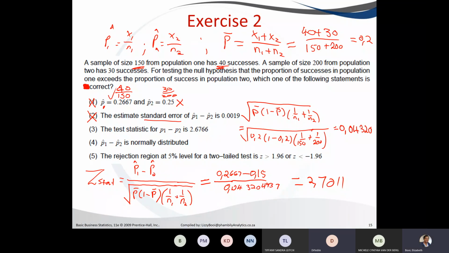Yes, that is what I was asking. Let me calculate it. Oh, I see, I made a mistake myself. It's 2.701 with 4 digits.